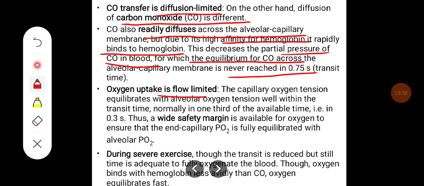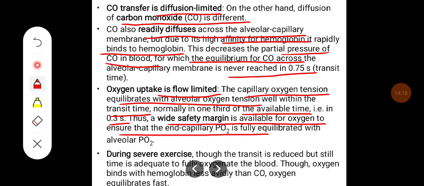Oxygen uptake is flow limited. The capillary oxygen tension equilibrates with the alveolar oxygen tension well within the transit time, normally in one third of the available time, that is in 0.25 seconds. Thus, a wide safety margin is available for oxygen to ensure that the end capillary PO2 is fully equilibrated with the alveolar PO2.